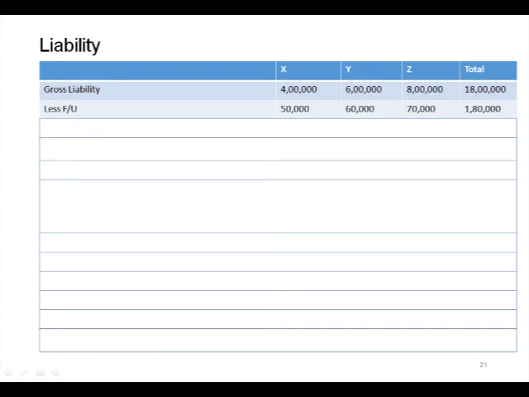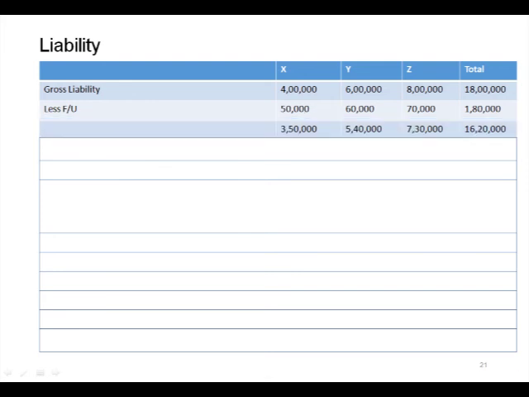We shall calculate the liability of X, Y, Z. There is gross liability of X 4 lakh, Y 6 lakh, Z 8 lakh. The total liability is 18 lakh. Now we will deduct FU, that is firm underwritten shares, that was 50,000 in case of X, 60,000 Y and 70,000 Z, and total is 1,80,000.